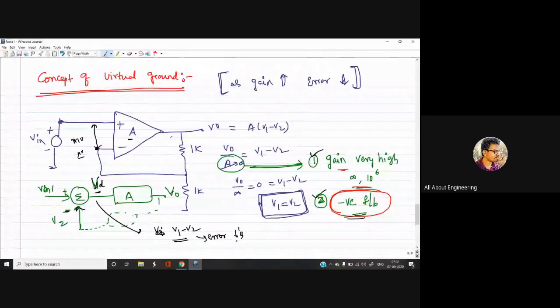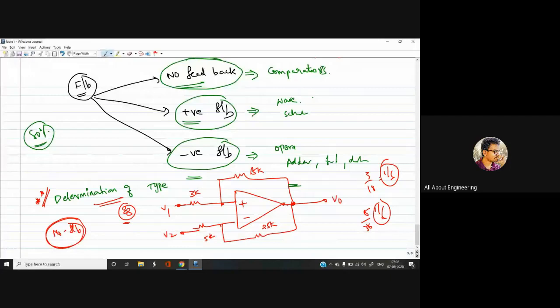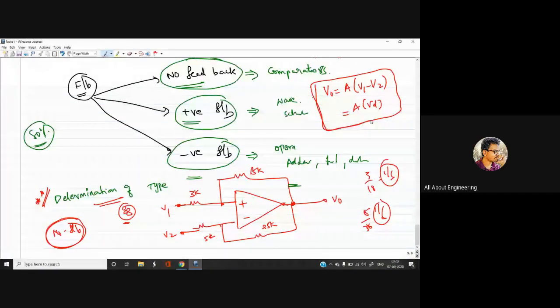Don't go for the virtual short condition if you are not sure that the circuit has negative feedback or high gain. If you are not sure about those things, then you can go with the standard formula of an op amp, V out equals gain times the differential input. You should use only this formula if there is no possibility of negative feedback or high gain.